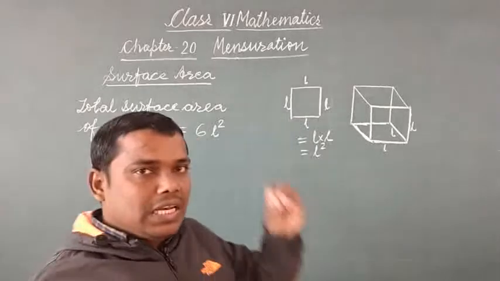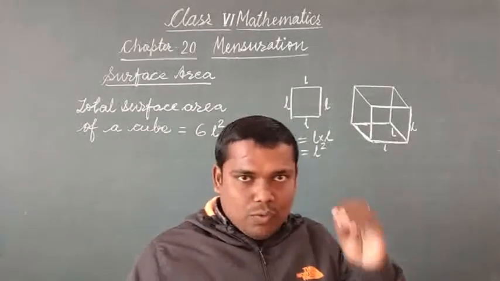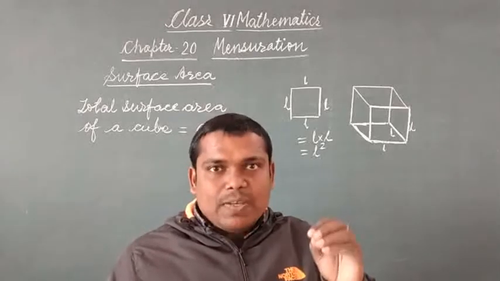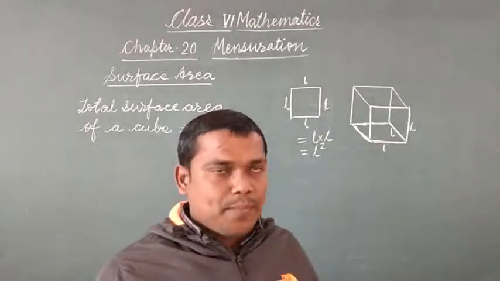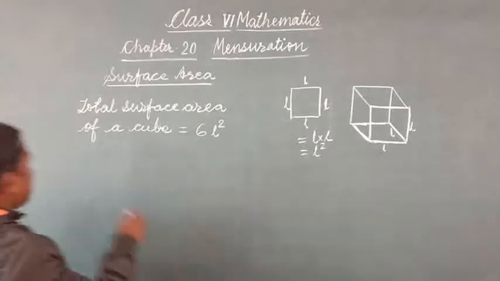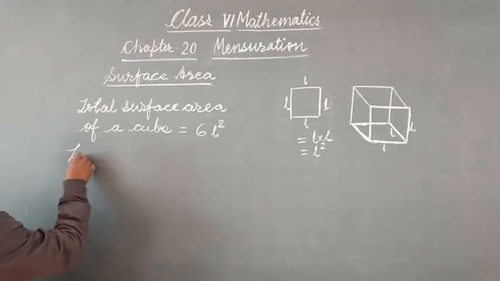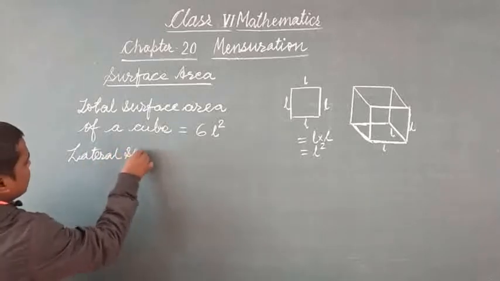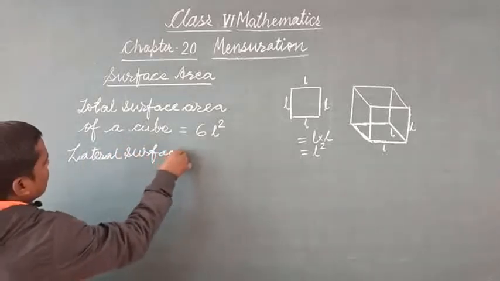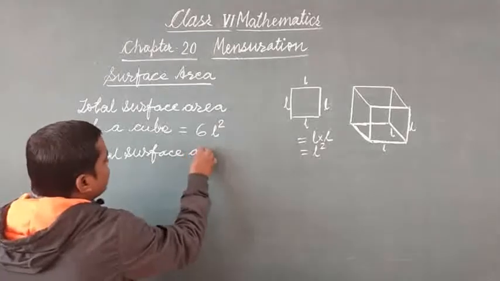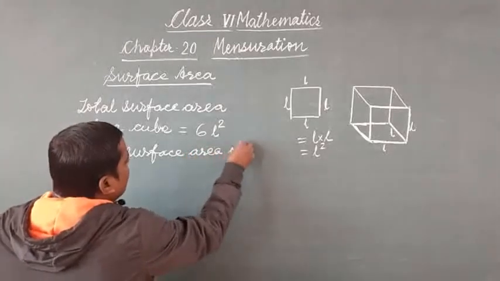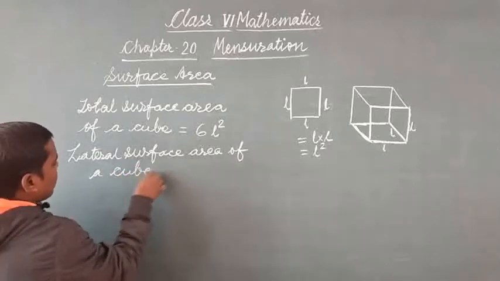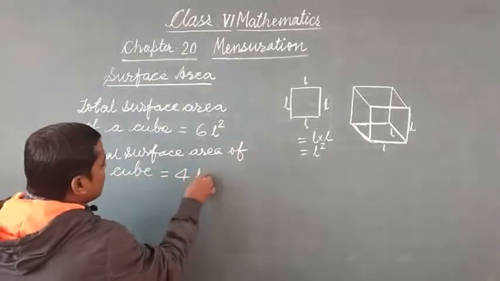So to find the lateral surface area of a cube, we will find the surface area of the 4 walls. So the lateral surface area of a cube is equal to 4L square.